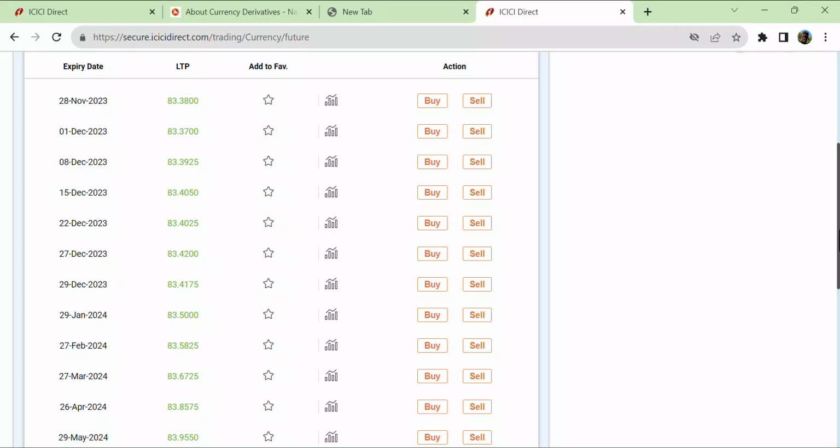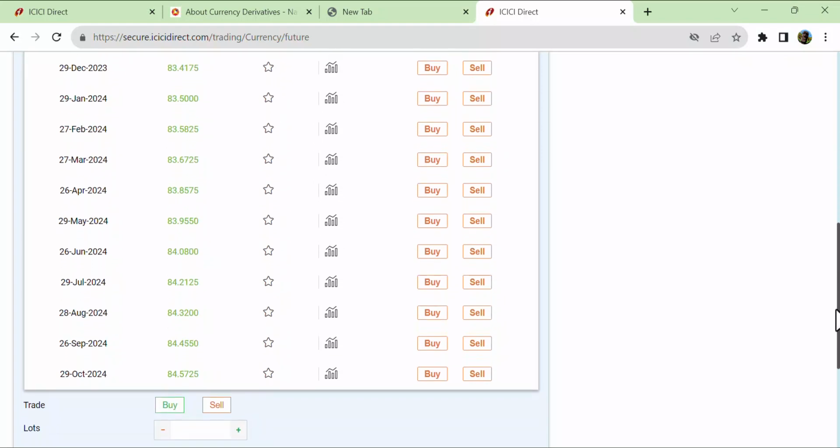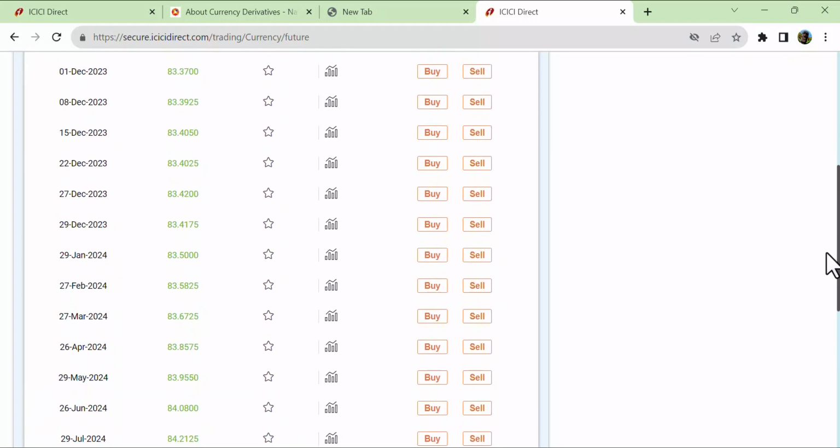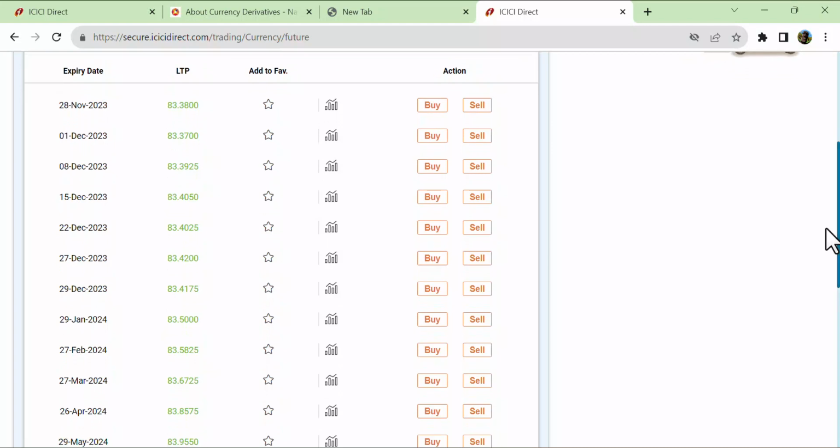Just work it out. If you look at 84.57 minus 83.38, it is 1.43. So it's roughly around 1.5%, which is the interest rate differential between the two countries, or the inflation rate differential.